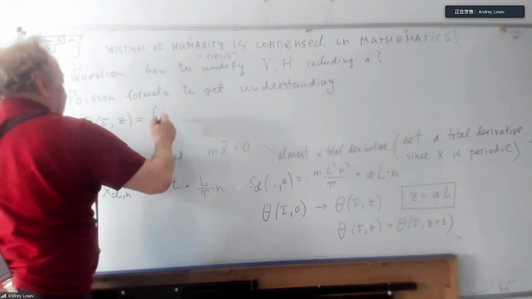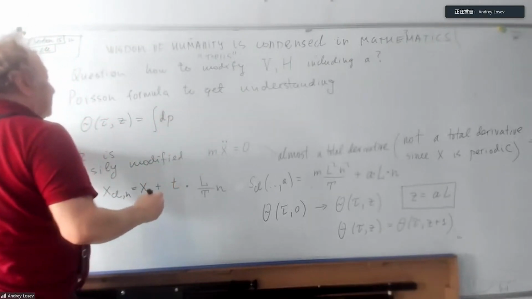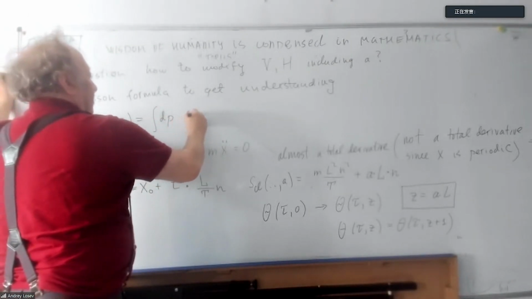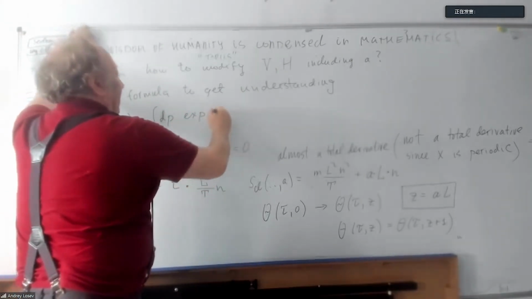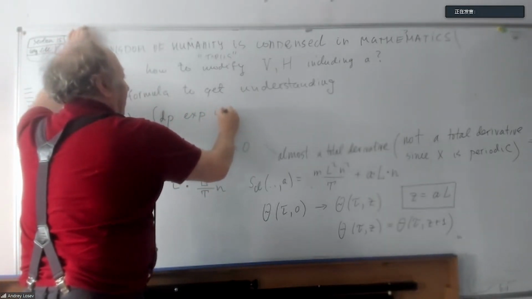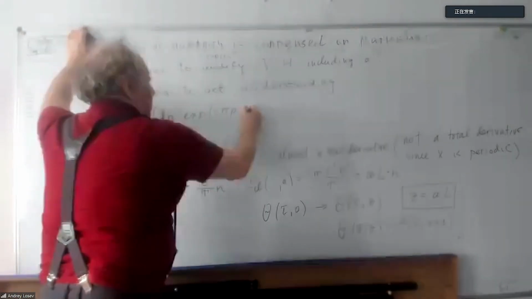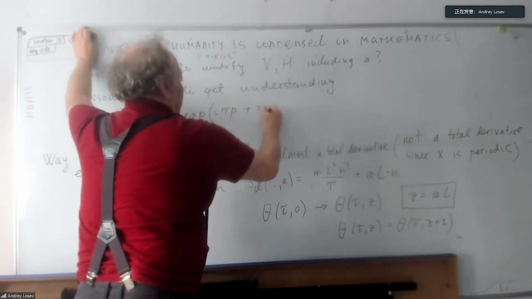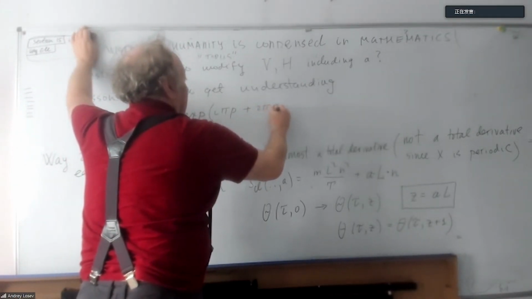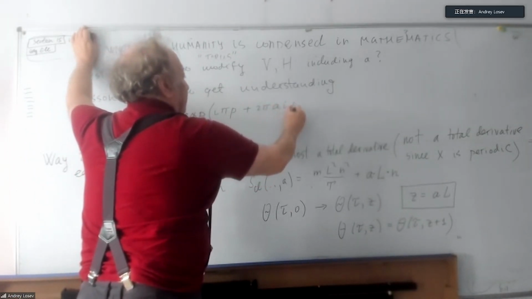So now I already write it like this. It's an integral over dp. Okay, I'll not be very accurate with pi's and other stuff. Plus, now I have 2 pi i times p.